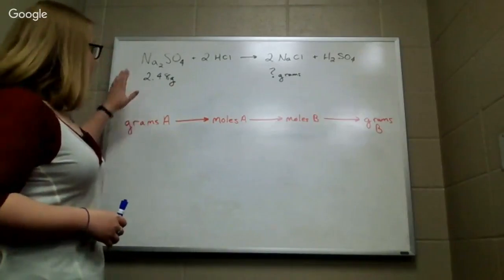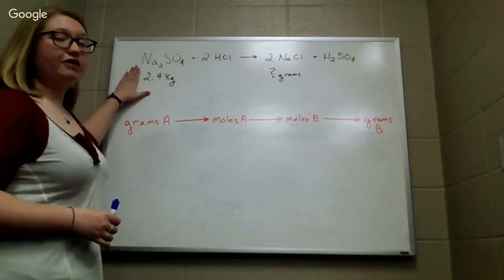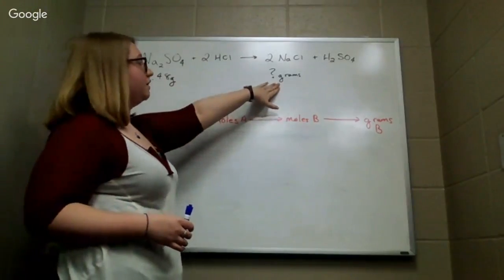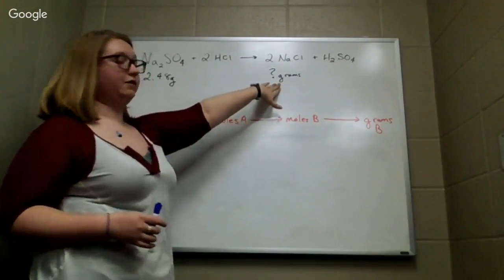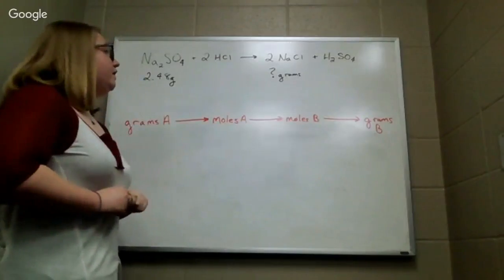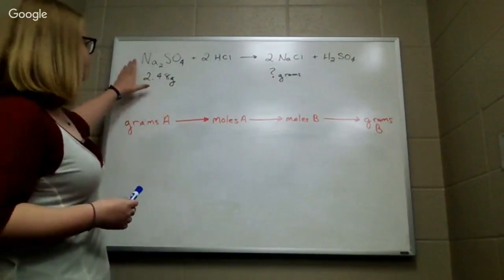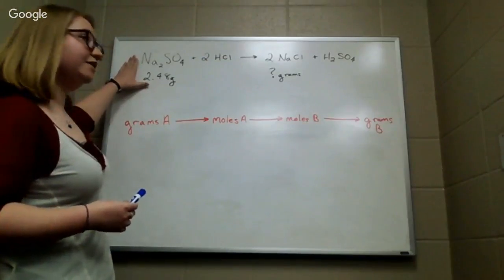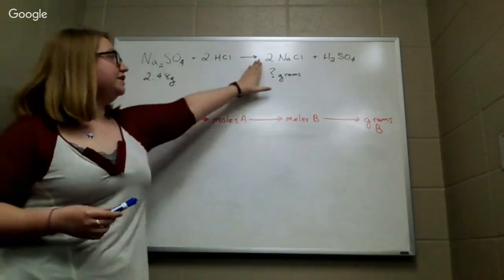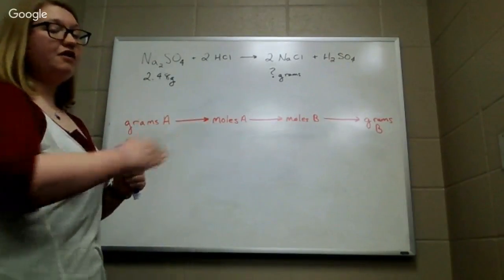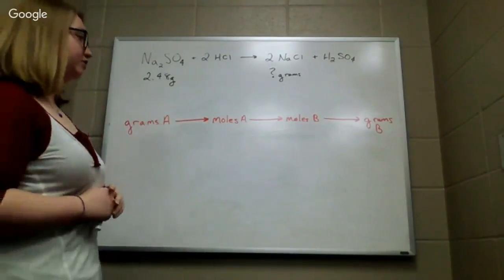And we are told that we start with 2.48 grams of sodium sulfate, and we want to know how many grams of sodium chloride can we make. So this is a stoichiometry problem because you're asked to go from an amount of one substance and solve for an amount of another substance. So whenever you're going from one substance to another, that is definitely stoichiometry.